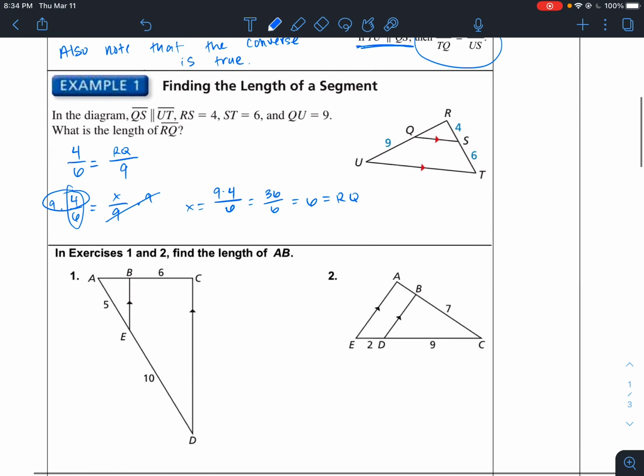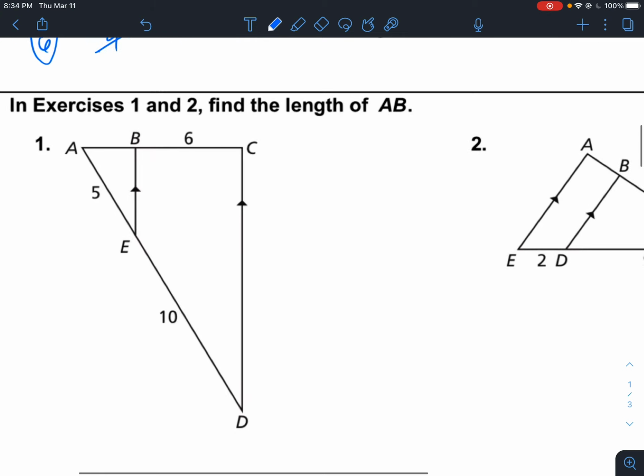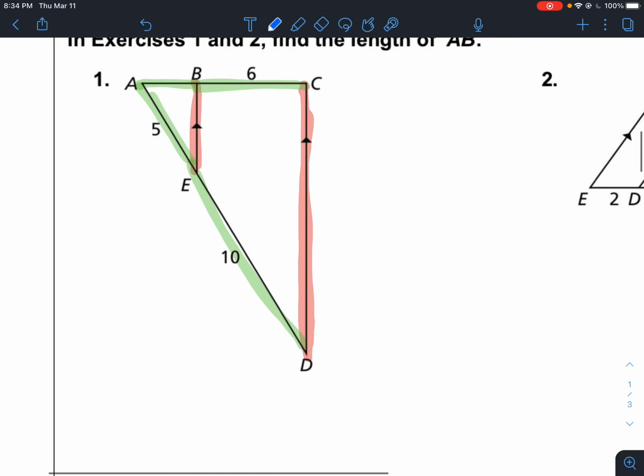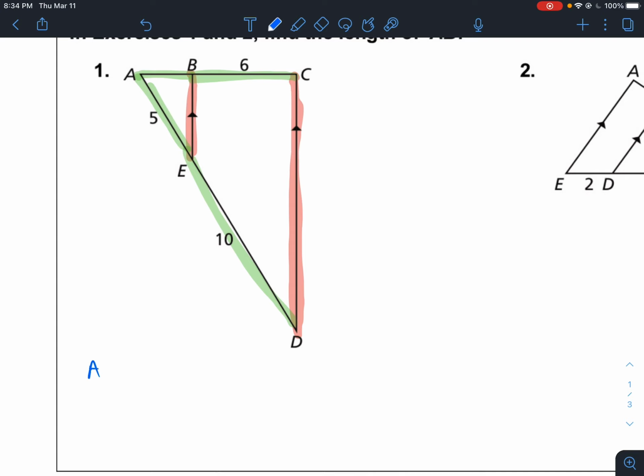So let's work on these ones right here. These are parallel lines. You can see that this line is parallel to this line. If that's the case, then the ratio of this side length right here is equivalent to the ratio here. So I could say AB over 6 is equal to AE, which is 5, divided by 10.